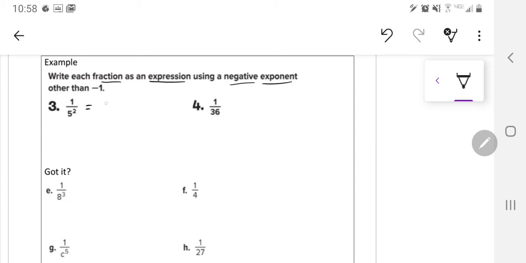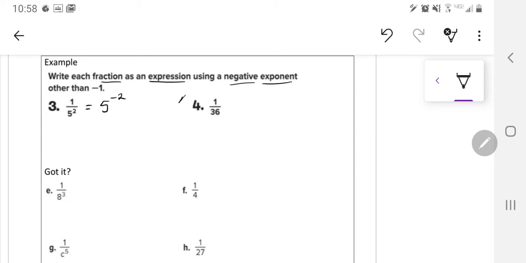Well, we take the reciprocal. So it's going to be just regular 5, and then you change the exponent to its opposite. So that means 5 to the negative 2, you can think of it as a 1, and then divide by 5, divide by 5. Dividing by 5 twice is like having it in a fraction, 1 over 5 squared.